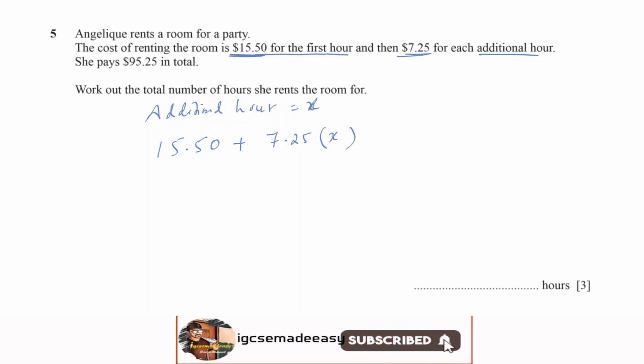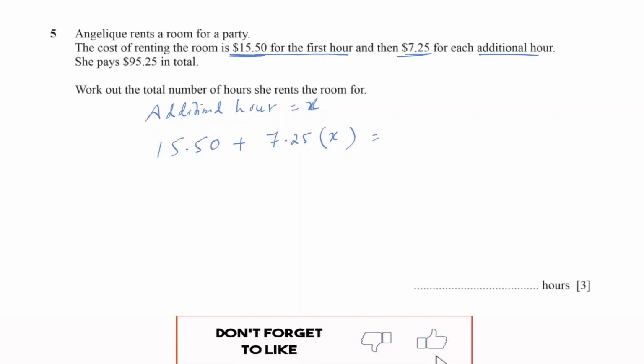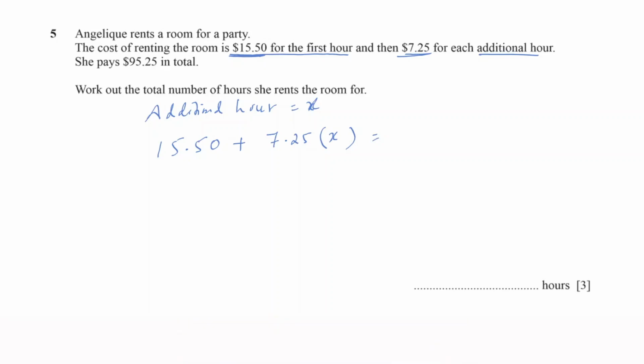When I add the first hour plus the additional hours together, I'm getting the total as 95.25. It's also given in the question. So if I solve this, it should be 7.25x equals 95.25 minus 15.50. So let us use a calculator to solve this.